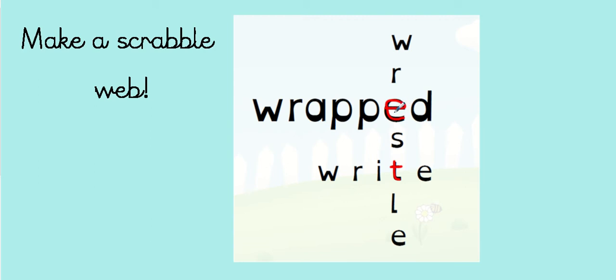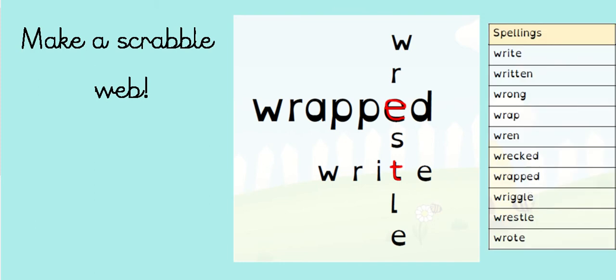They're sharing an E here and they're sharing a T here. So let's have a look at our spelling list. Okay, here it is. So I'm going to tick off the words that I have used. I've used wrapped and I've used right, and down here I've used wrestle, haven't I? And I'm sharing those letters, wrestle.